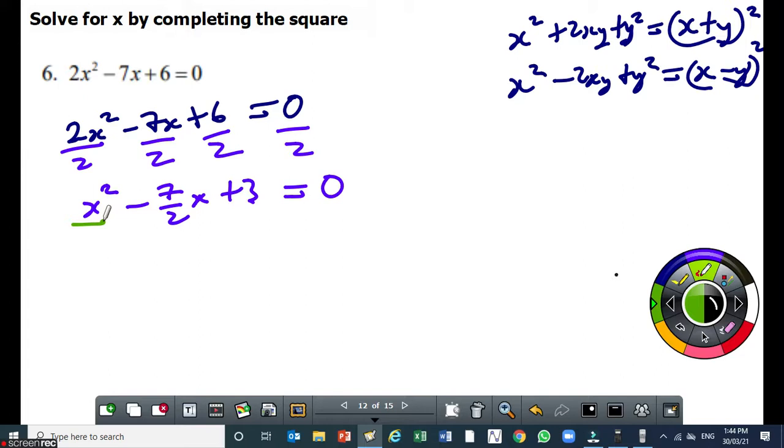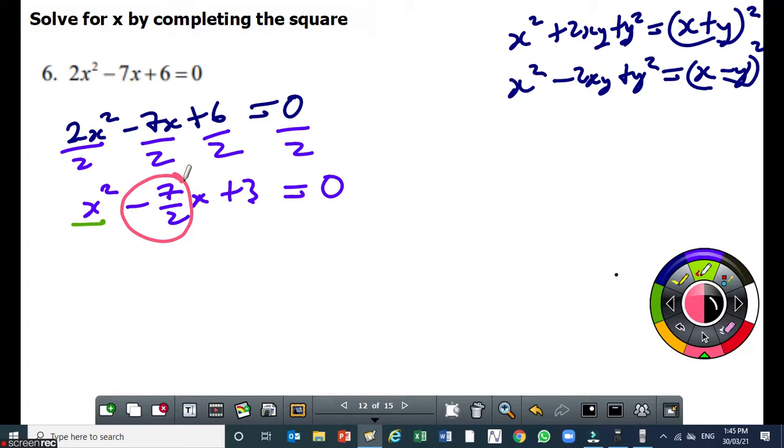The next step is to find half of the coefficient of x. This is very important. We need to know what is half of the coefficient, minus 7 over 2. It's not complicated to find. You just have to divide minus 7 over 2 by 2.